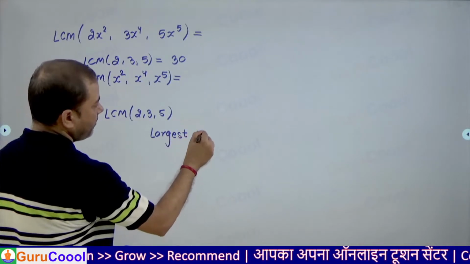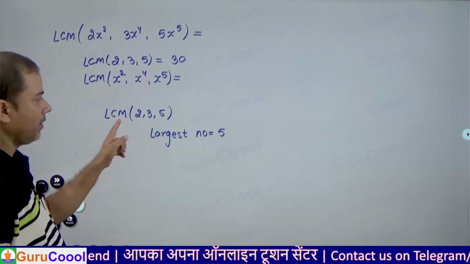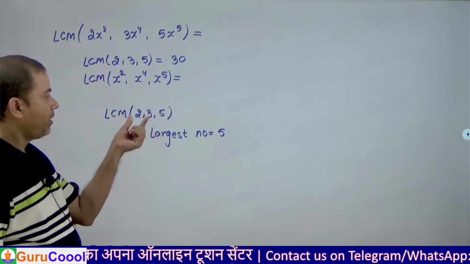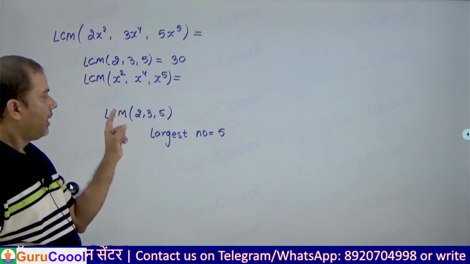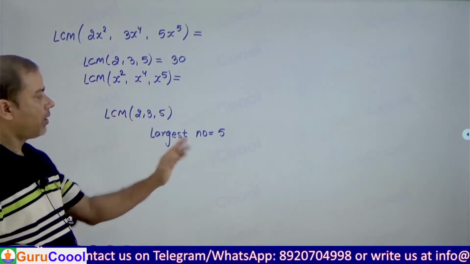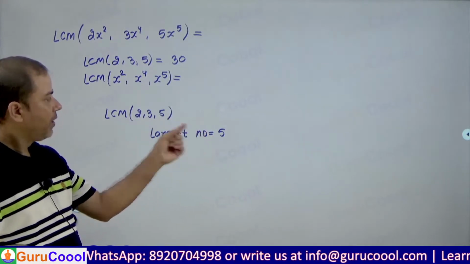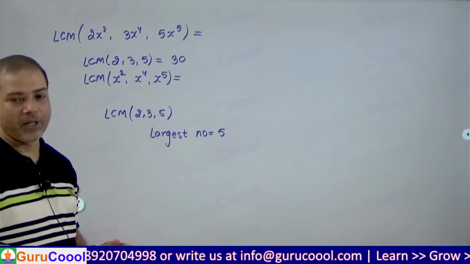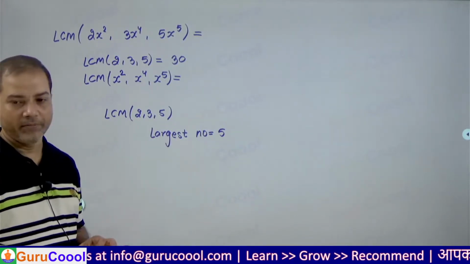So remember, LCM can never be smaller than the greatest number. Largest number is 5, so LCM cannot be less than 5. It is always greater than 5 or equal to 5.